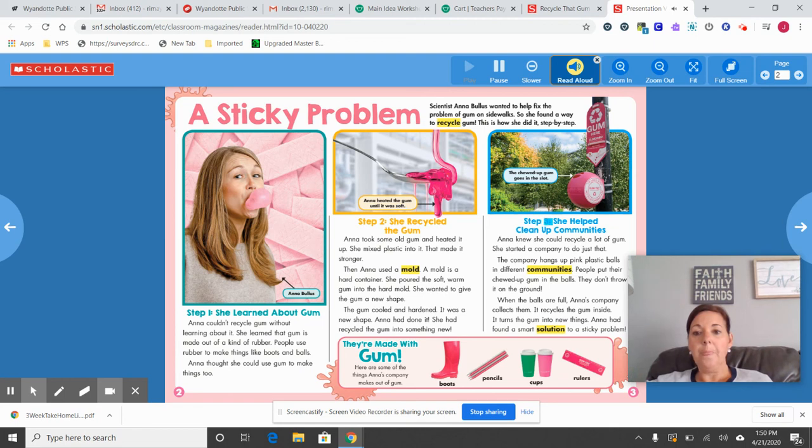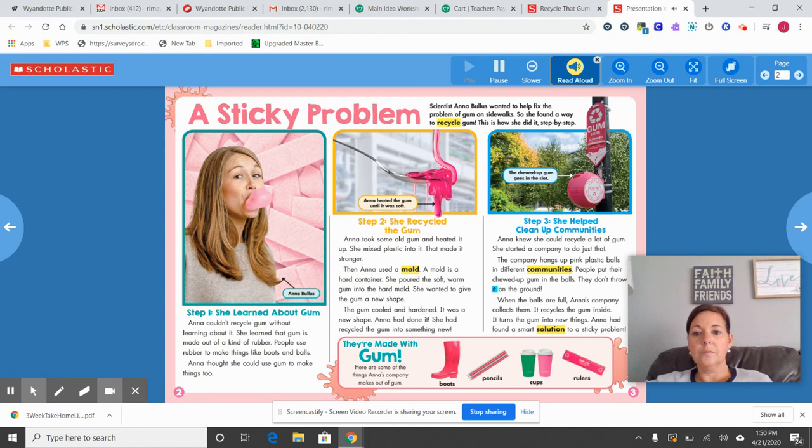Step 3. She helped clean up communities. Anna knew she could recycle a lot of gum. She started a company to do just that. The company hangs up pink plastic balls in different communities. People put their chewed up gum in the balls.